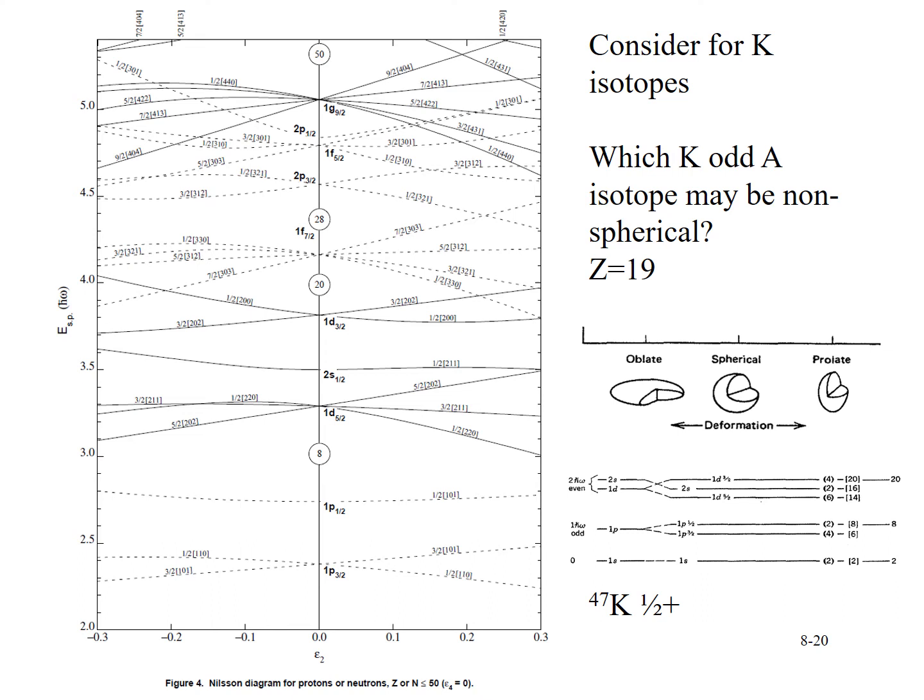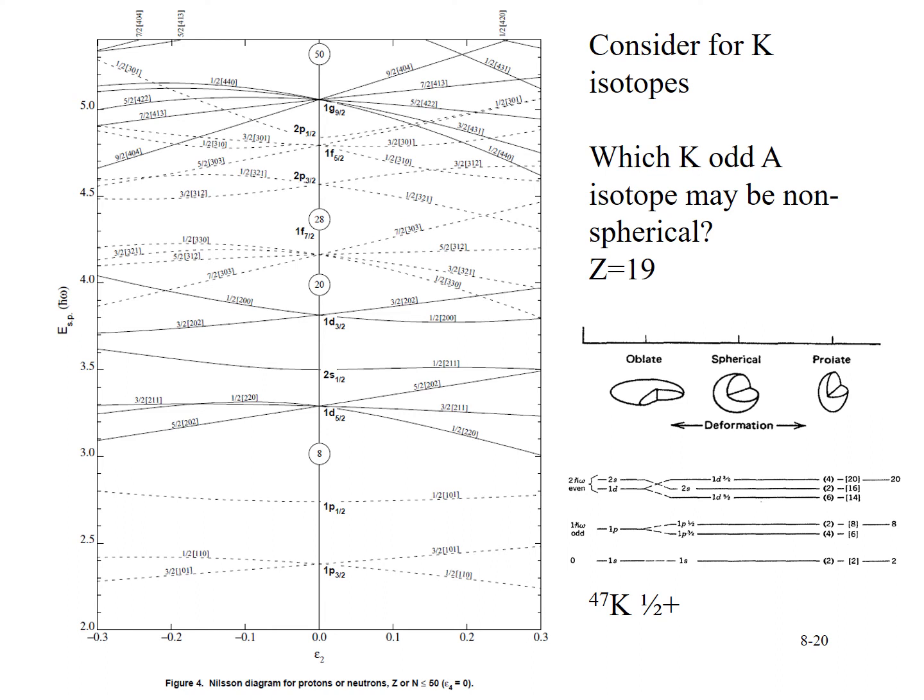So we would expect a spherical potassium isotope to have a spin of 3 halves and a positive parity. If we look at potassium 47, it has a spin of 1 half, positive parity.